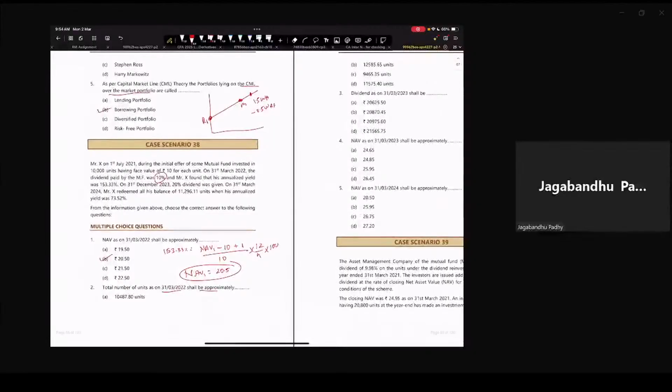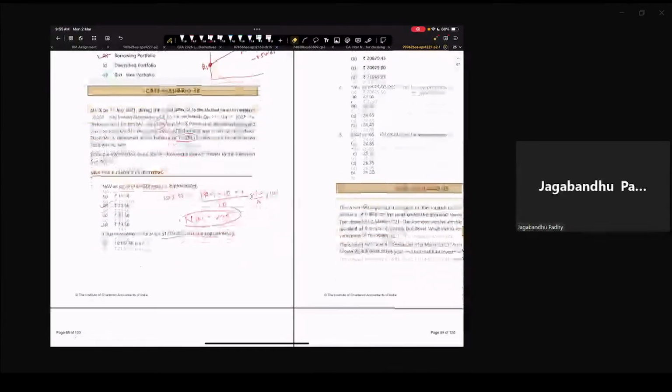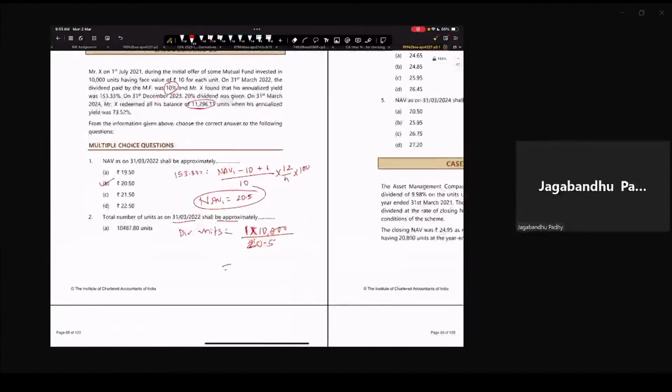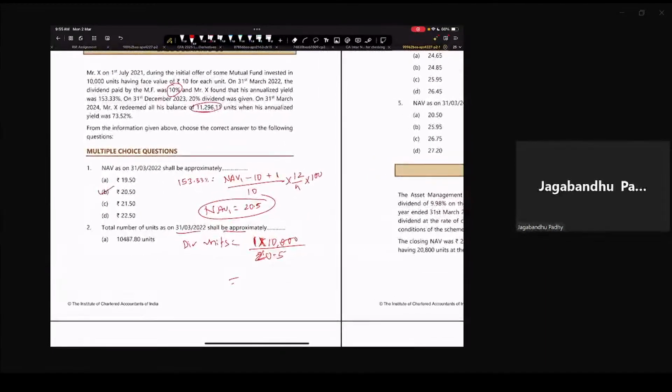Then total number of units that will be approximately is asked for. Now over here we can definitely say that whatever dividend is being paid out is being paid out by way of units, because you can see the closing number of units is 11,296. Of course, as the units are increasing, it means the dividend is being paid out in the form of units. So over here I need to get the dividend units. Now dividend units will be 1 into 10,000 divided by 20.5. 10,000 is the amount of total dividend, and each unit is trading at 20.5.